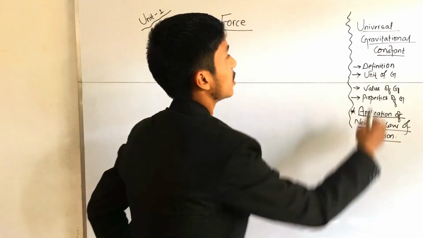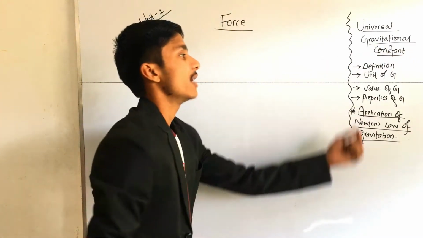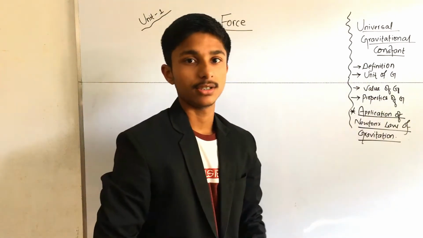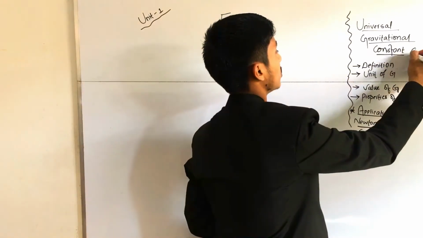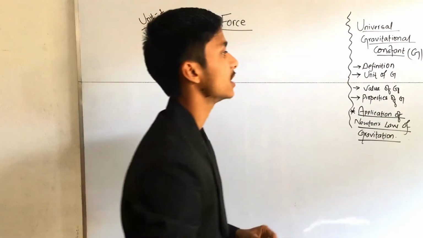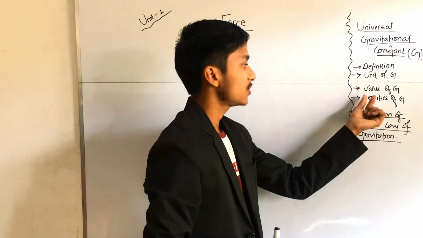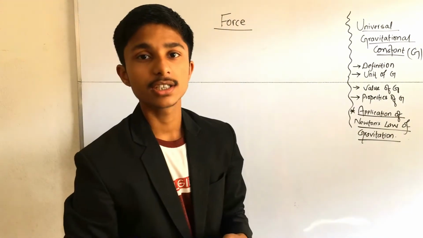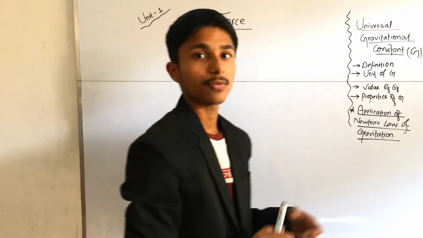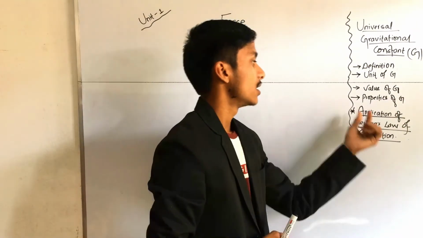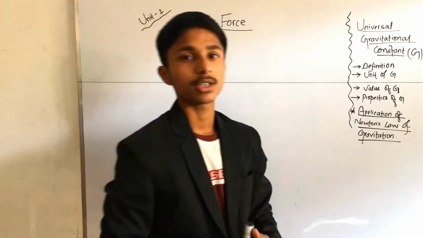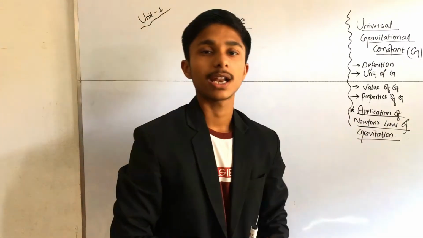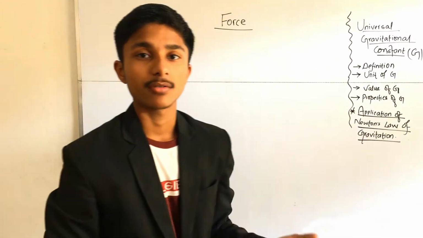First, under this Universal Gravitational Constant, we discuss the definition. Then next, the unit of G, which is denoted by capital G. Next we learn the value of G, what the value of G is and who determined it. Then we discuss the properties of G, and after that, the applications of Newton's law of gravitation, which we discussed in our previous lecture.